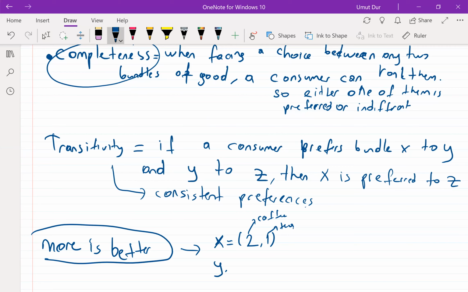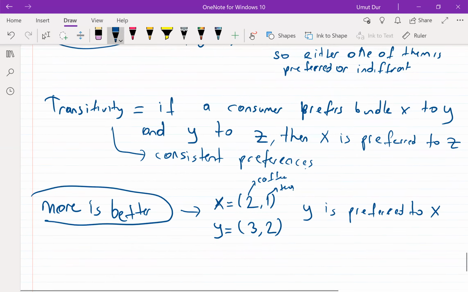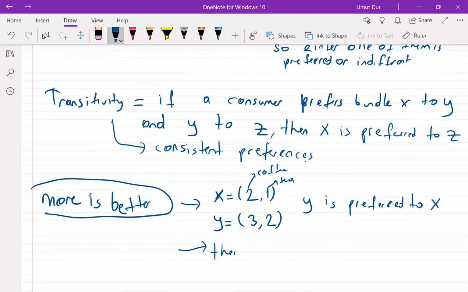If I give you another bundle, composed of more coffee and more tea, you should always say that Y is preferred to X. The more amount you consume, the happier you are.